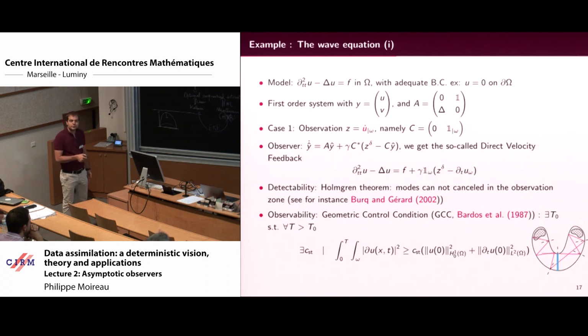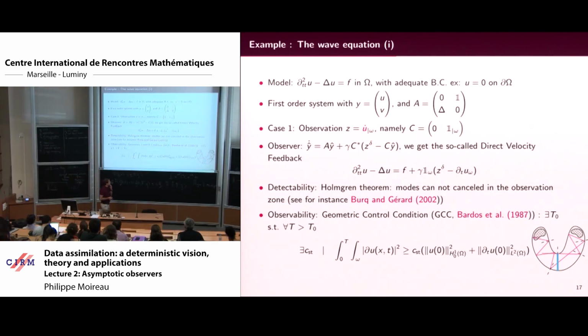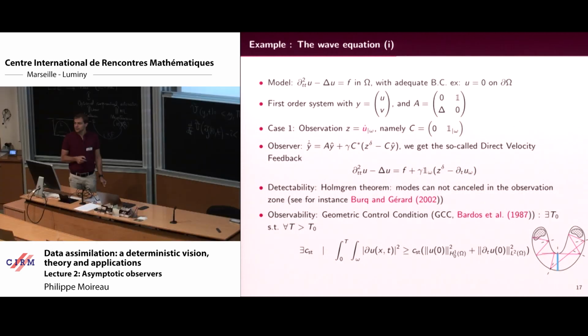I don't know if you know this type of results, but it's linked to what we call the geometric control condition. The idea is to be able to prove that every ray from geometric optics enters this zone for a time t. If every ray enters this zone, then you will have the observability.